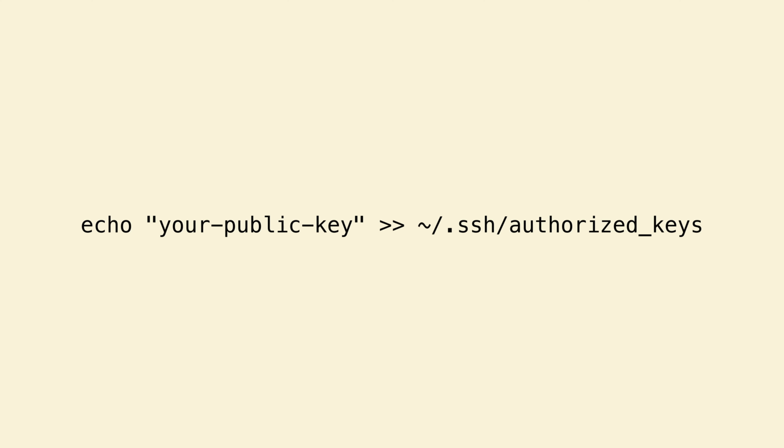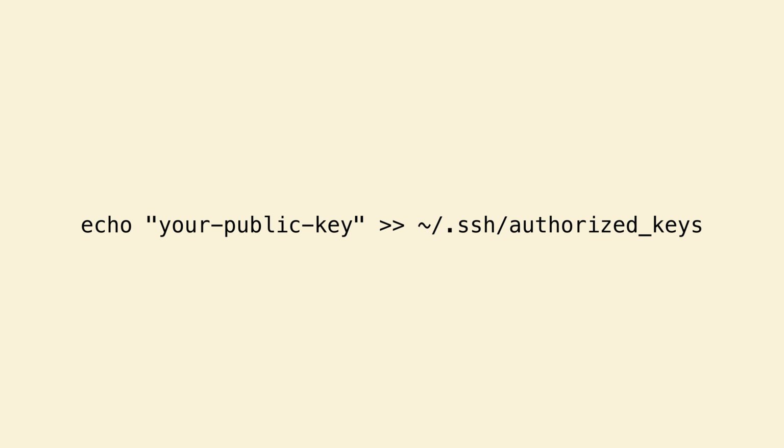So next thing, we need to add our public key from our laptop, right? That is still on our laptop, to this authorized keys file on our server. So this is pretty simple. We use this command, it's an echo command, and what it basically does is it copies the public key into the authorized keys file.